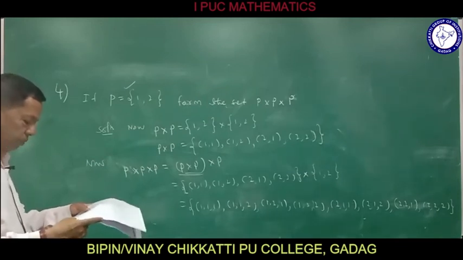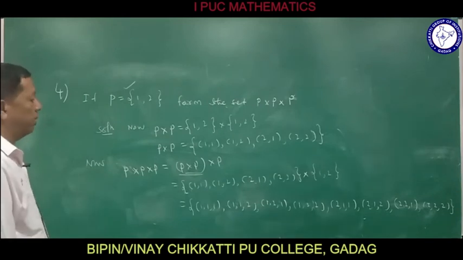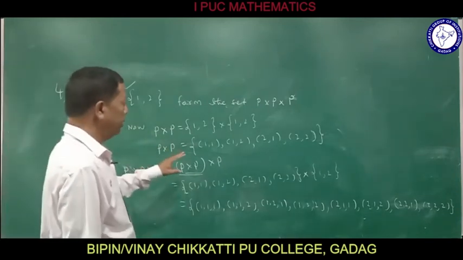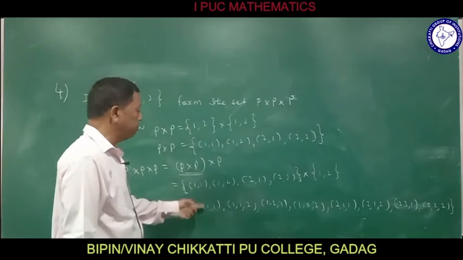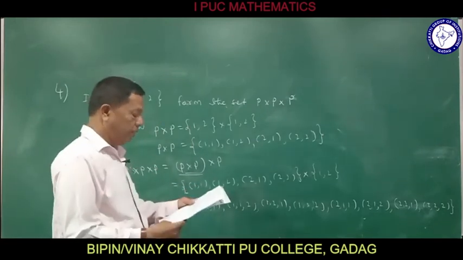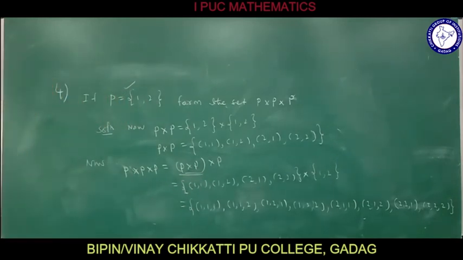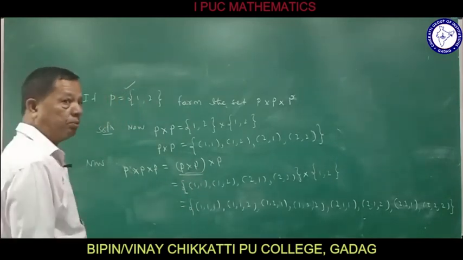Now we see that 8 elements you have got in the ordered triplet. In the textbook you can see the direct answer, but I have written one step more for clarity. This is a way of finding the triplet P cross P cross P.